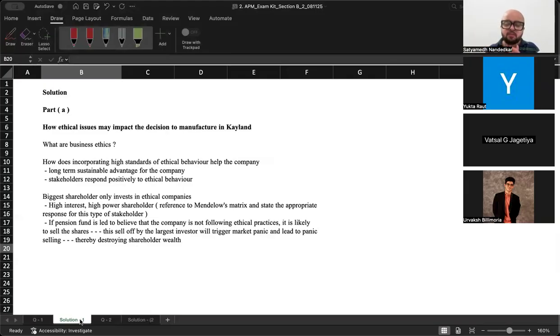The company will see, ideally, what should the company do? It should try to create a sustainable advantage. Maybe there is an immediate cost involved, but at least you will be able to maximize the long term wealth.